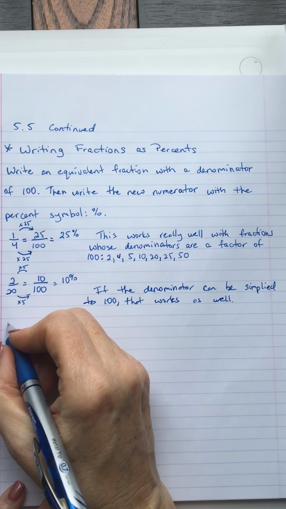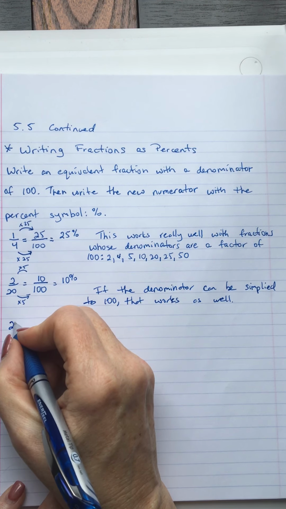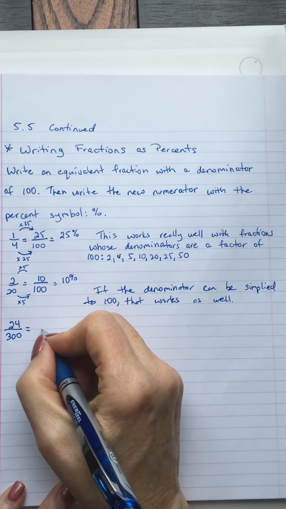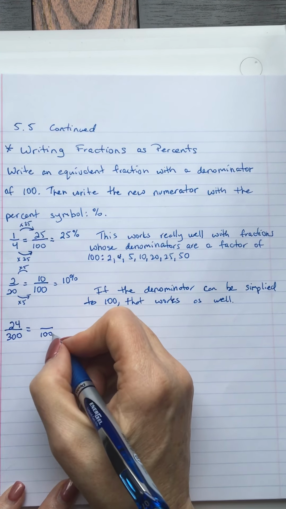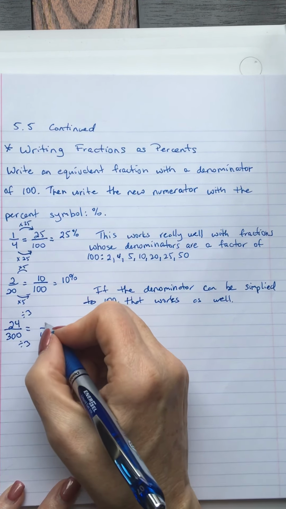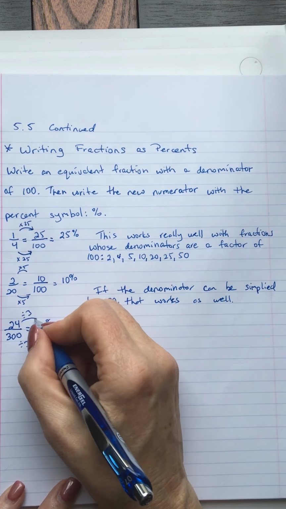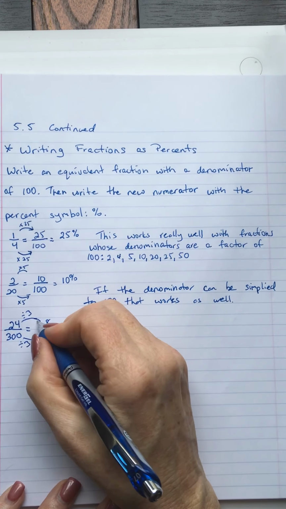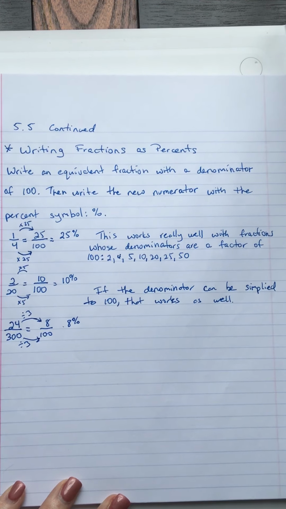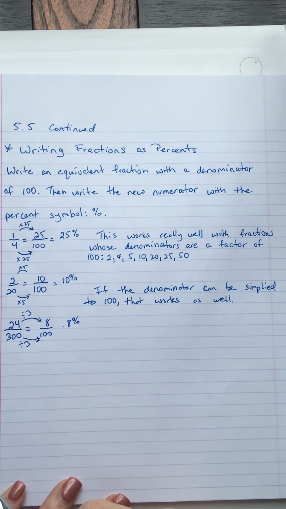So let's say you had 24 over 300. Okay, 300 can be divided by 3. 24 can be divided by 3, so you'd end up with 8 over 100, and that equals 8%. That looks like a decimal right there. It's not. Just ignore that little accidental dot there.